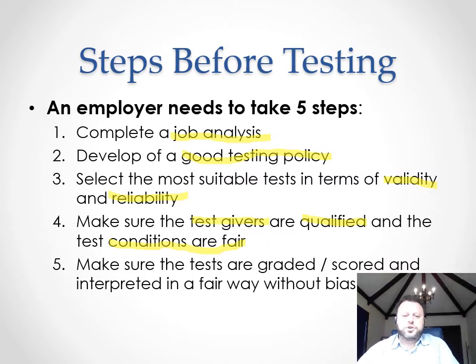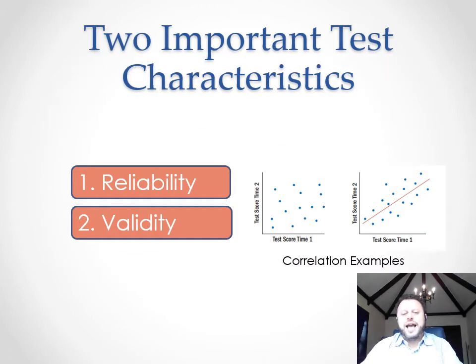And then you also want to make sure the tests are scored in a very fair way without any bias, which again might call for a professional test giver. So we already talked about job analysis. We'll talk about a testing policy later. Let's get into validity and reliability, which to me are probably the most important element of testing.